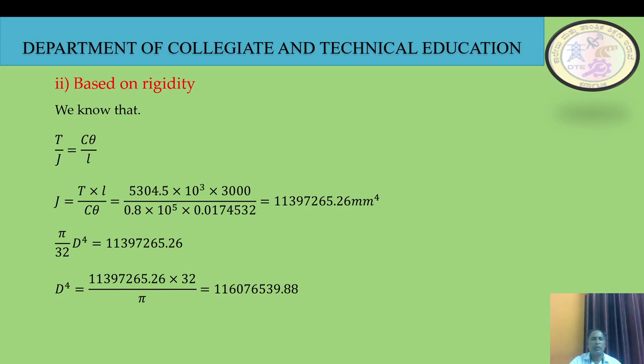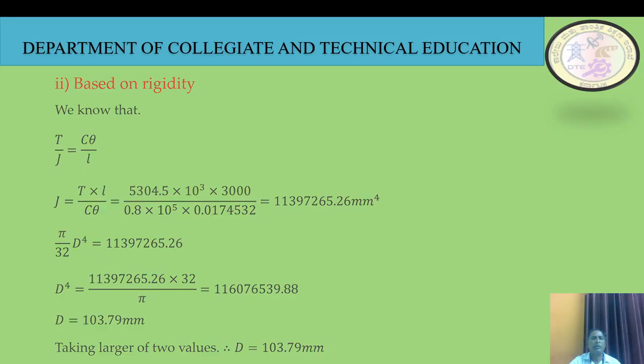So after calculation it will be 116076539.88. So therefore diameter will be 103.79 mm. So as the larger diameter is taken as the diameter of the solid shaft, therefore taking larger of two values, the diameter of the solid shaft to be adopted is 103.79 mm.